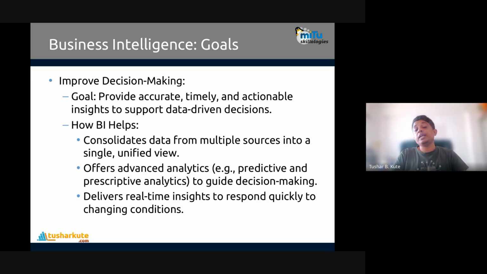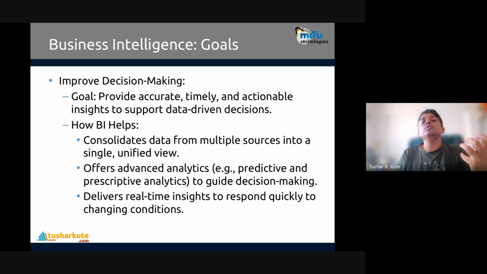BI can consolidate the data from multiple sources into a single unified view, so it will be helpful to make common decisions for all kinds of data. Then it can provide two commonly used advanced analytical methods, predictive analytics and prescriptive analytics. Predictive analytics means that, given what has happened in the past, we can say what will happen in the future.